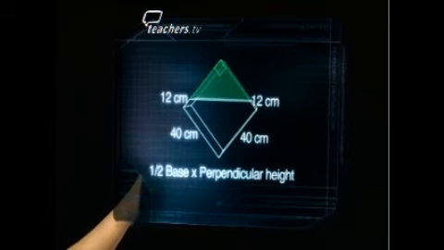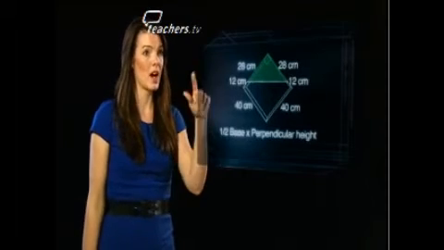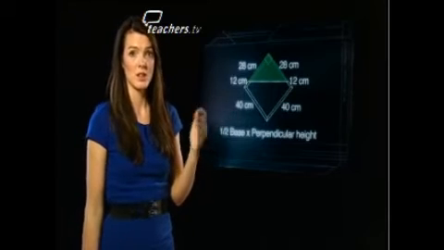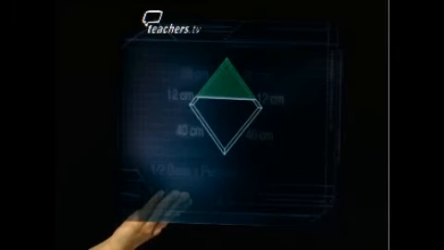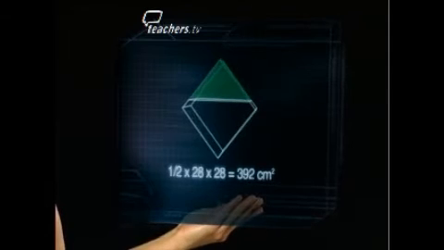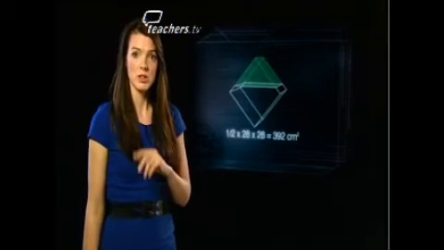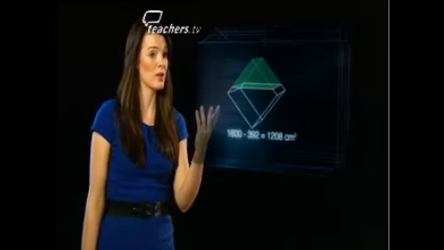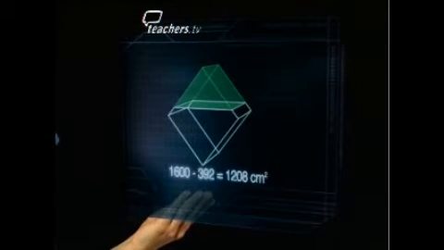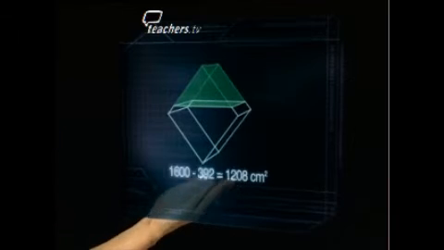So that means the base is 40 minus 12, 28 centimetres. And the height, well, that's the same, 28. So that means the area of the triangle is half times 28 times 28, which gives us 392. So that means the total cross-sectional area is 1,600 minus 392, which is 1,208 centimetres squared.